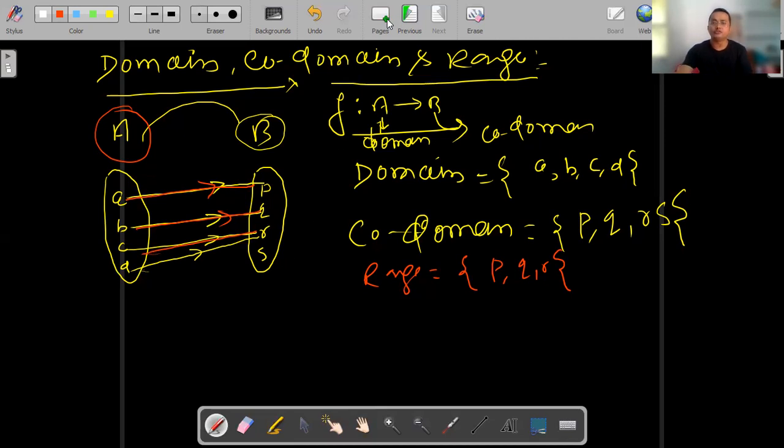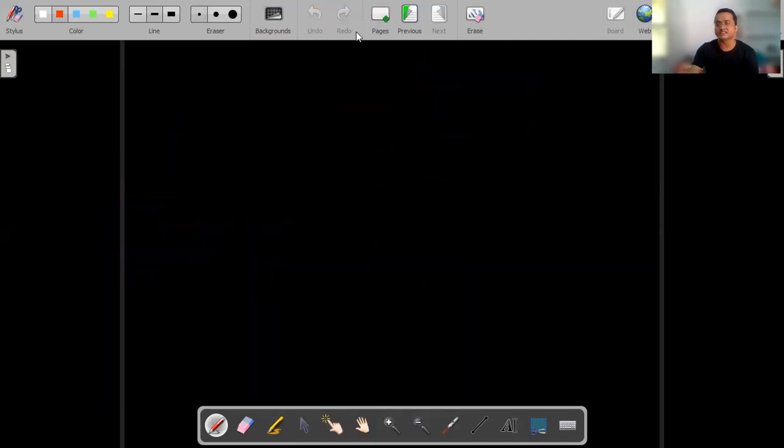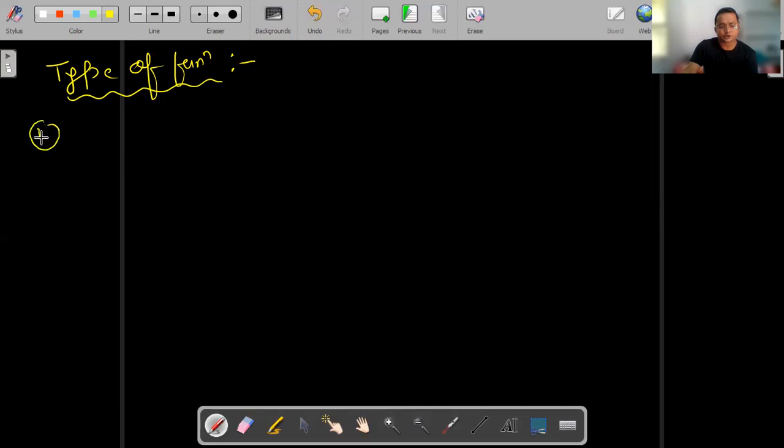Okay. Now we will discuss types of function. See here. The first type is one-one function. All of you, make sure you are paying attention.